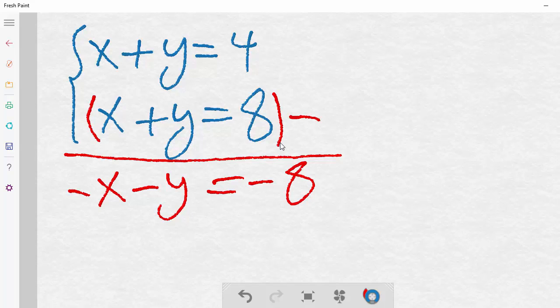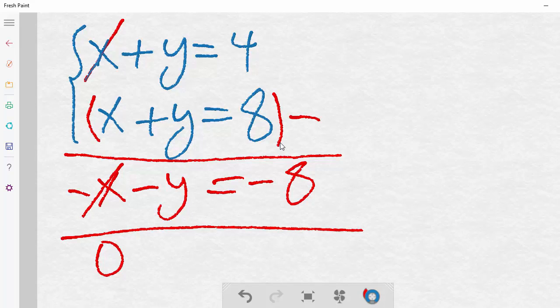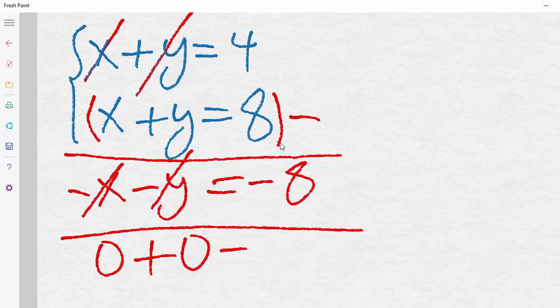So x plus negative x cancel out each other, and we get a 0. y plus negative y cancel out. So they are 0, which equals negative 8 plus 4, which is negative 4. So you get to a situation where you get 0 equals negative 4.